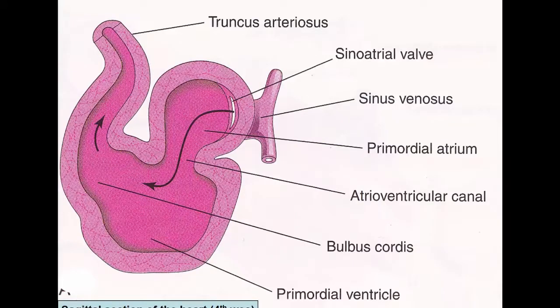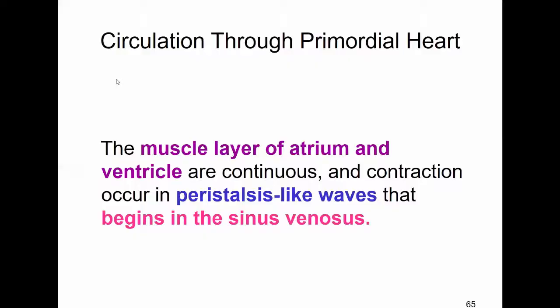So this is the sagittal section at the 4th week. The muscle contracts like peristalsis from here to here, from here to here. The muscle layers of the atrium and ventricle are continuous and contraction occurs in peristaltic-like waves.